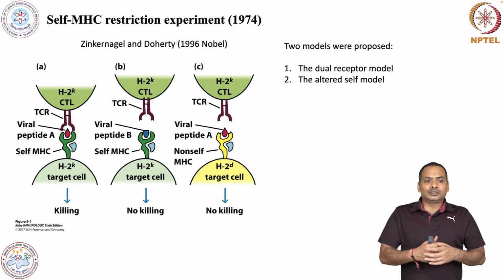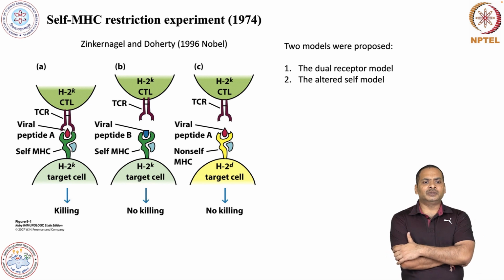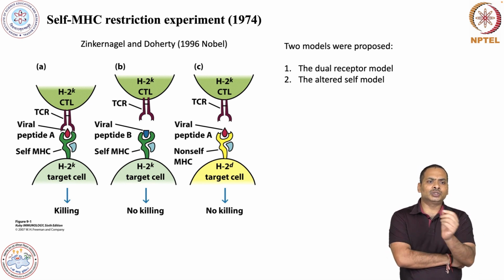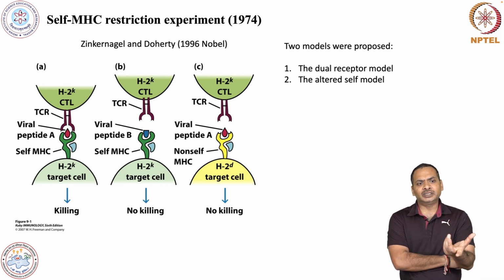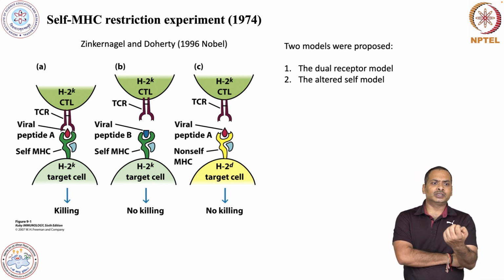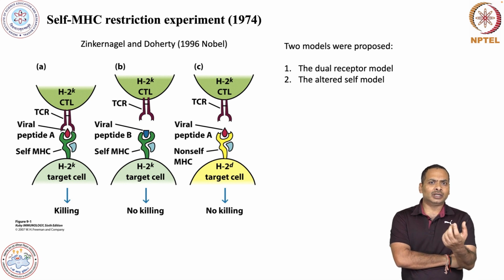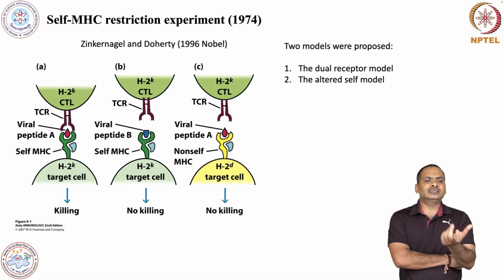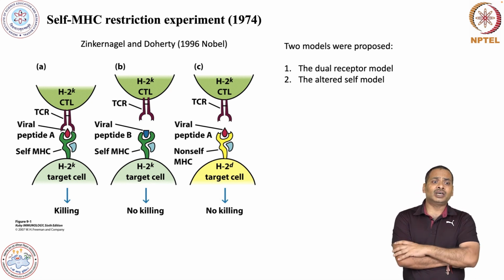Okay. So, this is a very simple experiment. Here in panel A, please note that H2K is MHC. If the MHC molecule is the same and the antigen is presented appropriately along with the MHC molecule, then the TCR recognizes it, and that will cause killing of the target cell.